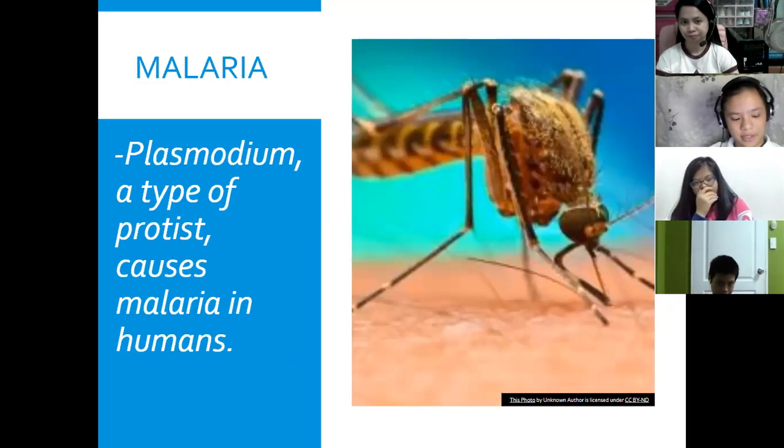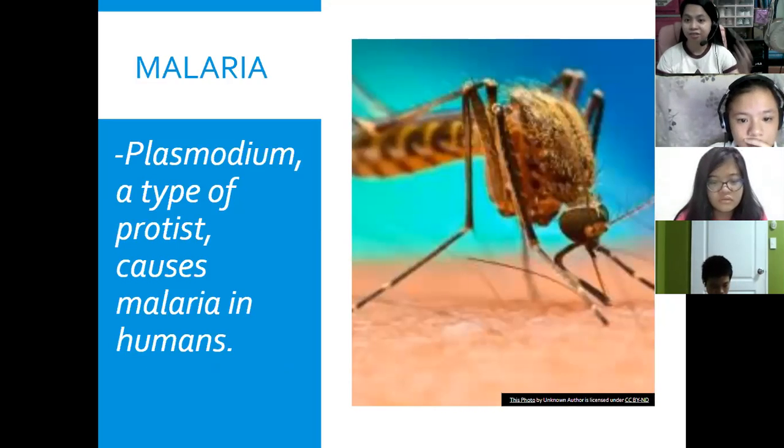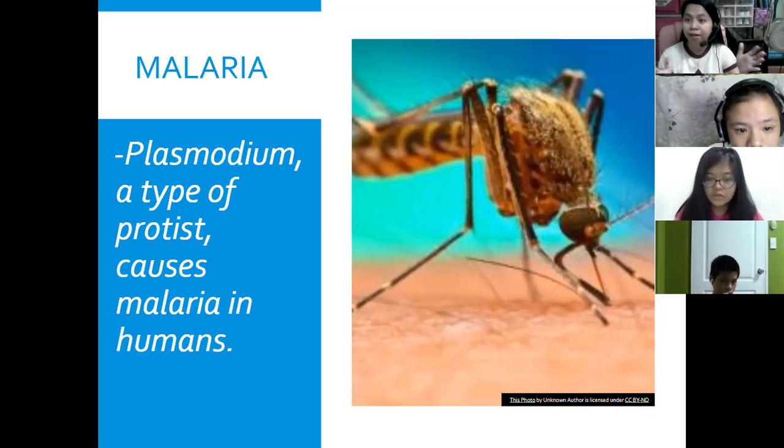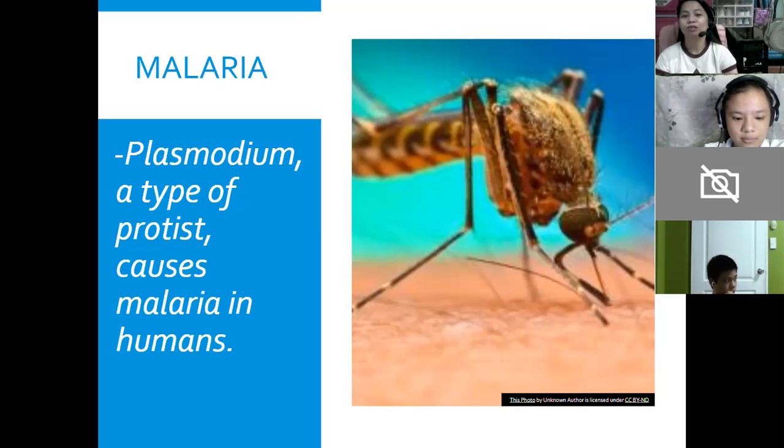Plasmodium, a type of protist, is also a sporozoan parasite that causes malaria in humans. Okay, so there are some of you who submitted malaria as a disease-causing microorganism. The carrier of malaria is the mosquito. Commonly, malaria can be acquired if you go to a remote place, such as the mountains, where the area is not that clean.